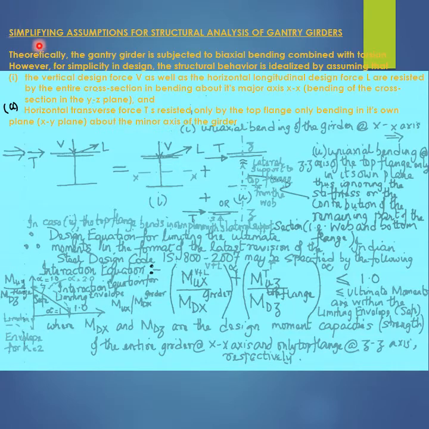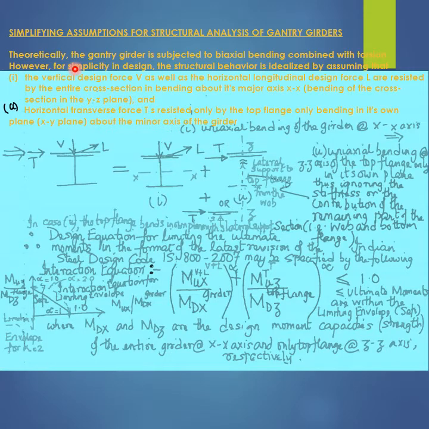The structural analysis of gantry girders or crane girders can be considerably simplified using the following simplifying assumptions.